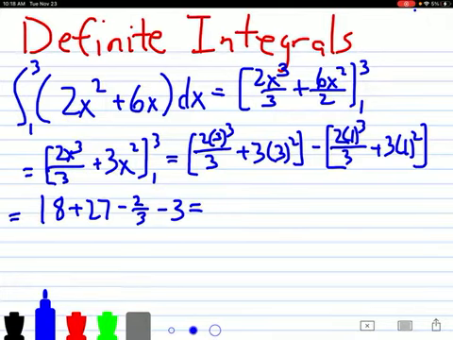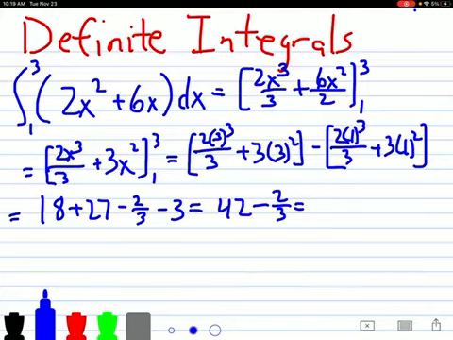So the first thing we do, we add up our whole numbers. 18 plus 27 is 45. 45 minus 3 gives us 42 minus 2/3. All right. So now once we get our common denominator, remember we have to get a common denominator of 3.